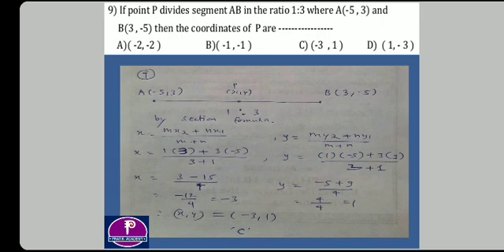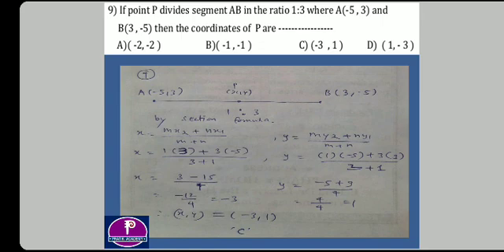Question 9. If point P divides AB in the ratio 1:3, where A is (-5, 3) and B is (3, -5), then find the coordinates of point P. As point P divides the line in the ratio 1:3, by using the section formula we get x is equal to -3, y is equal to 1.